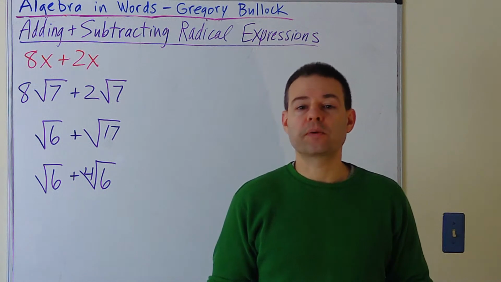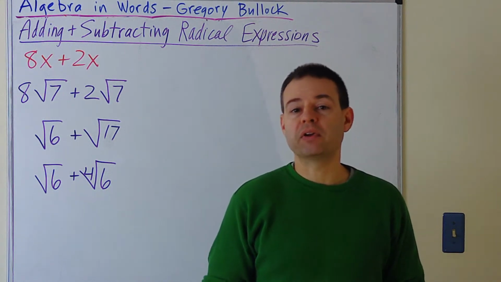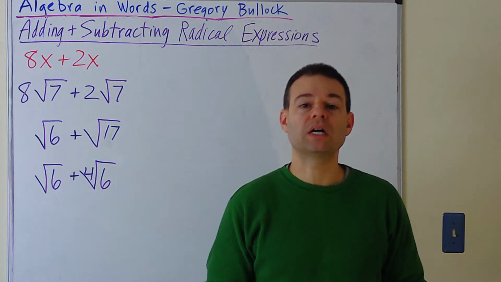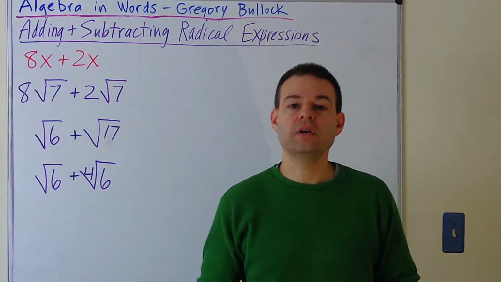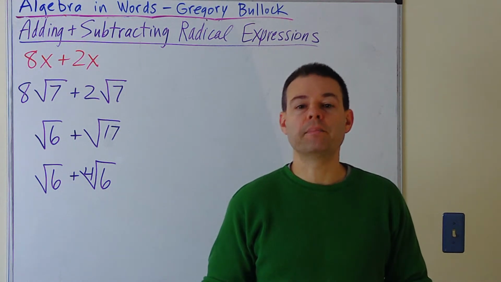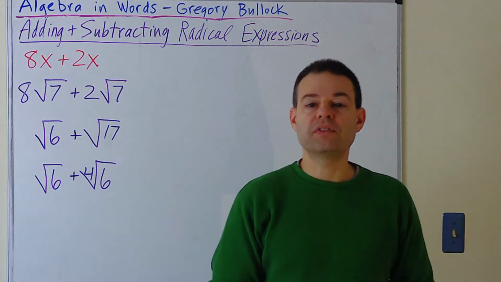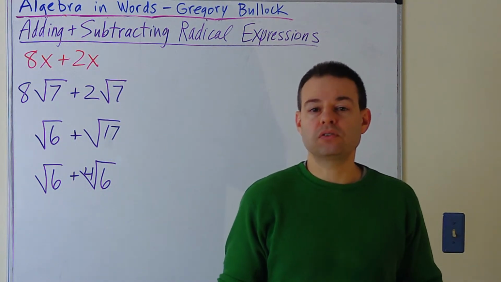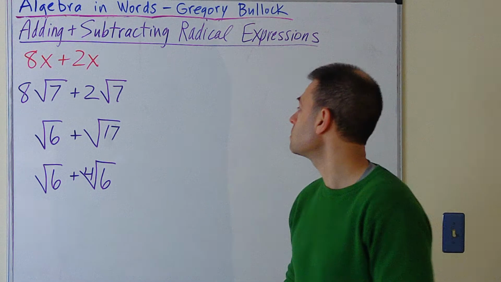These are like terms because the variable is the same and the exponent is the same. They're both x to the power of 1. Therefore, we're able to combine them by applying the operation to the coefficients. 8 plus 2 is 10, so 8x plus 2x is 10x.